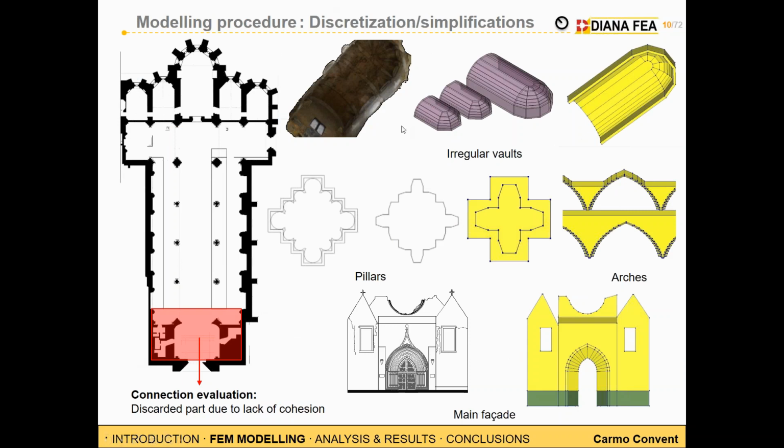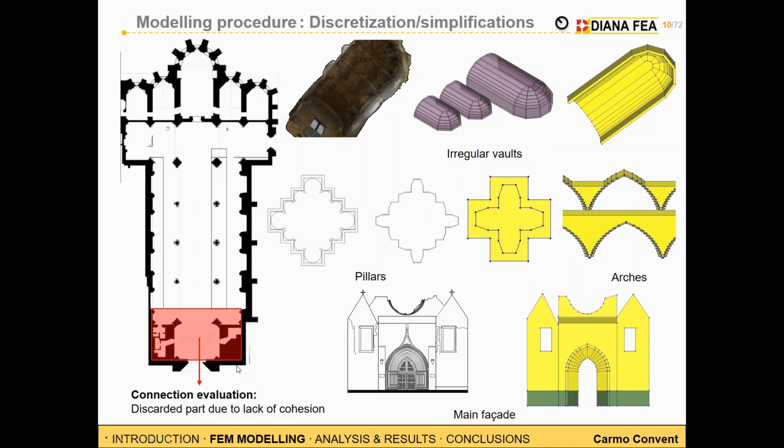I suggest you always think about the possibility to pass from the photogrammetry to the CAD environment and then to Diana environment. To do that, I suggest you take into account that the edges and the geometry should avoid tiny and small parts in order to have an easier meshing phase.